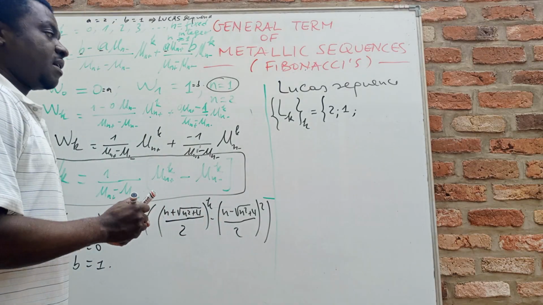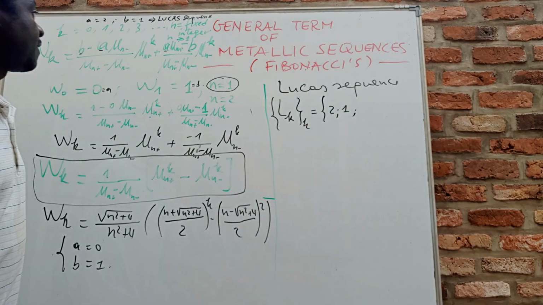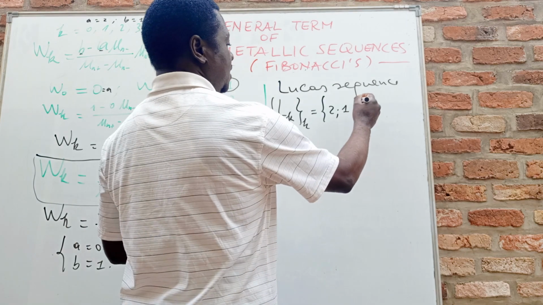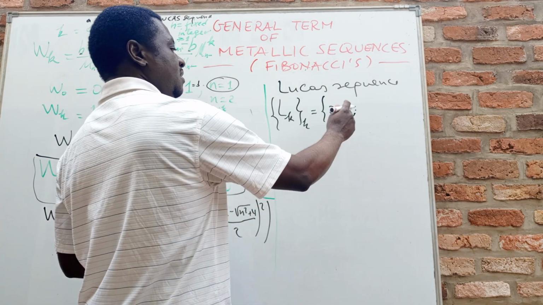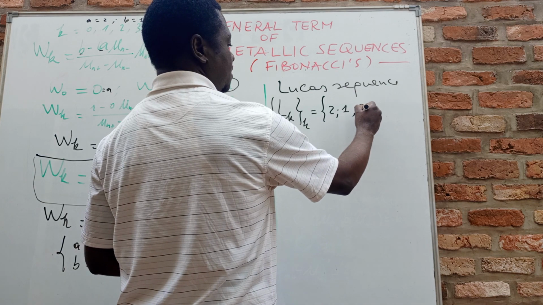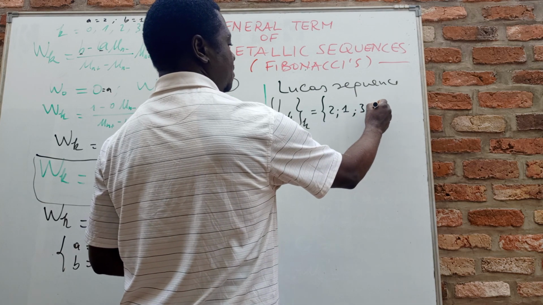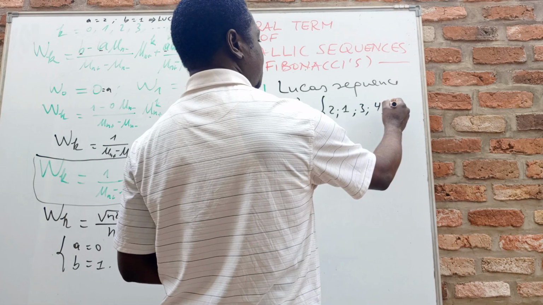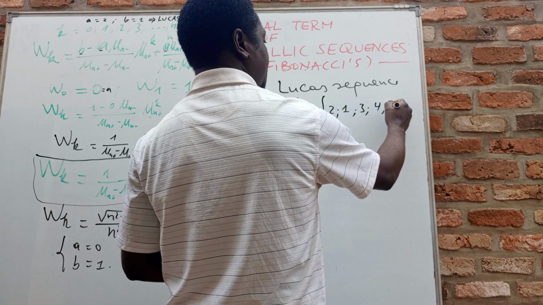Now we can continue, either we use this relation or we use the recurrence relation. We take this one plus this one is going to be equal to 3. Sum equal to 4. Sum of these equal to 7.